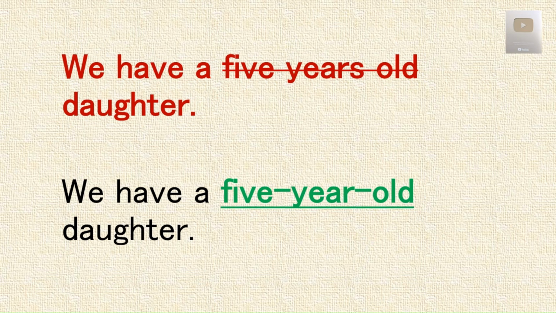So it is hyphenated, not 5 years old, but 5-year-old daughter. That is the correction. I hope you have marked your score. Let me know how you felt doing this test and assure me that you will not make these mistakes again.